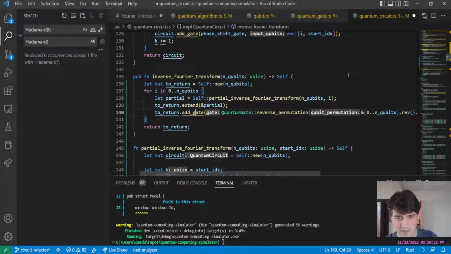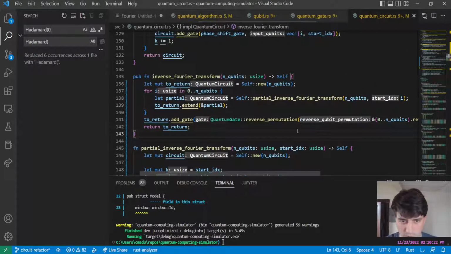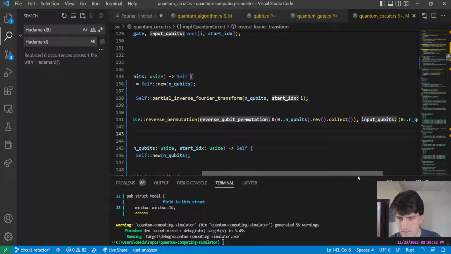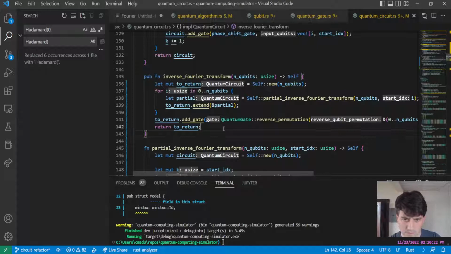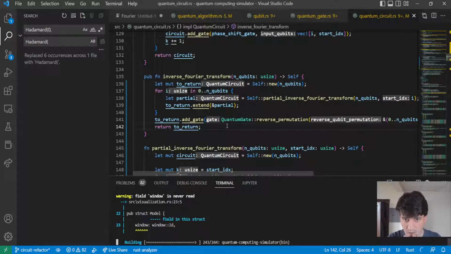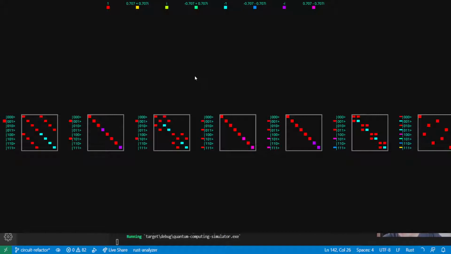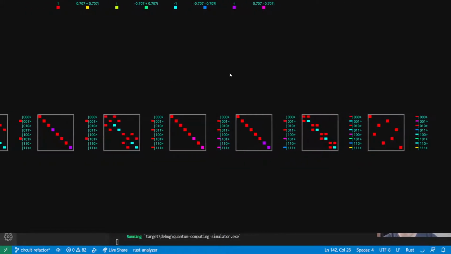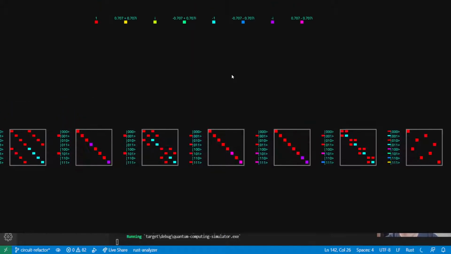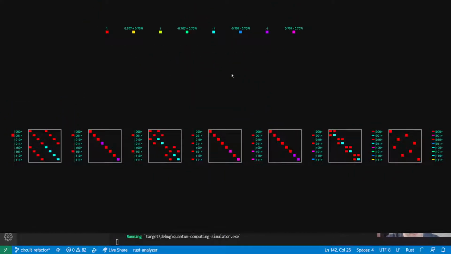And so you can choose whether you want to reorder them or reverse them. But that doesn't seem to be the issue here. So where are we going wrong?